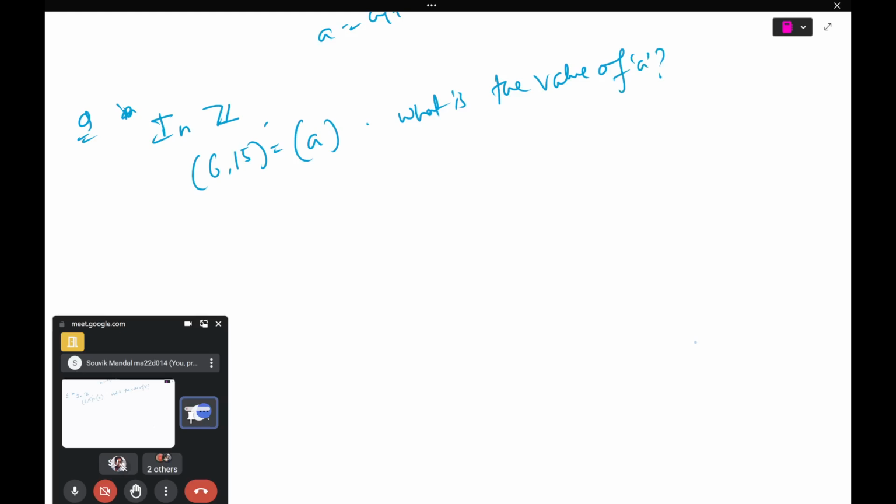Consider the ring of integers Z. Here consider the ideal generated by 6 and 15. Since Z is a PID, this ideal can also be generated by a single element, call it small a. Determine the small a.